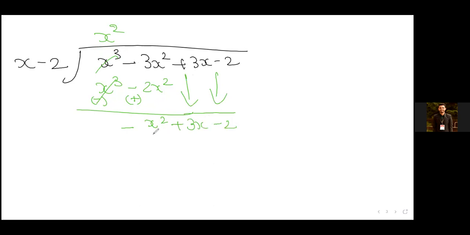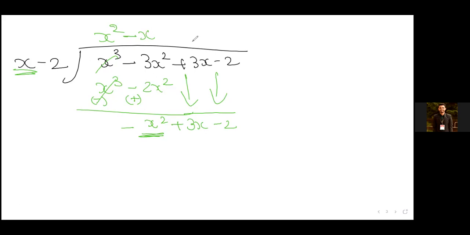Now again have a look at this. Here it is minus x square and here it is x. So which is a suitable term so that I can multiply and get minus x square? It is minus x, right?